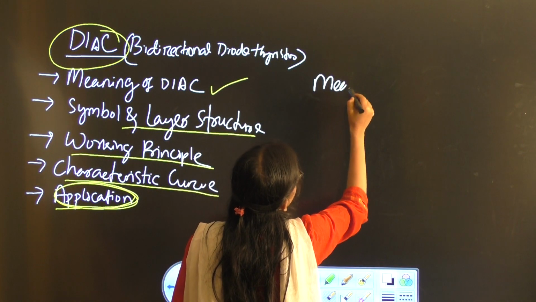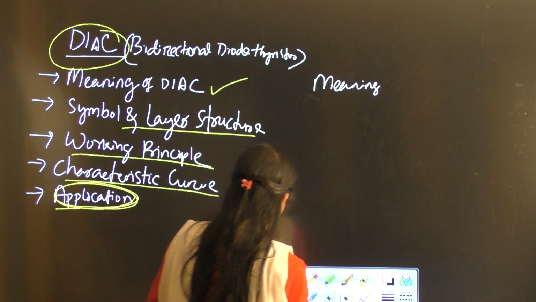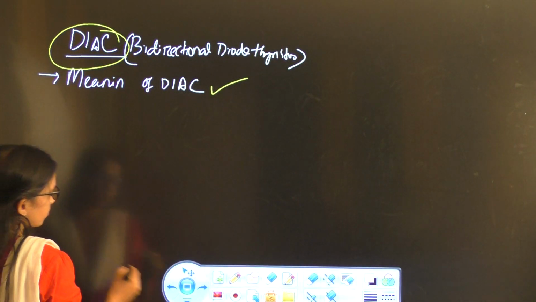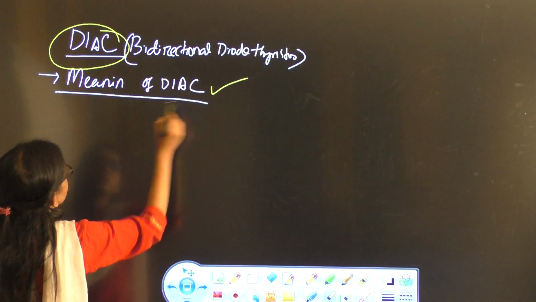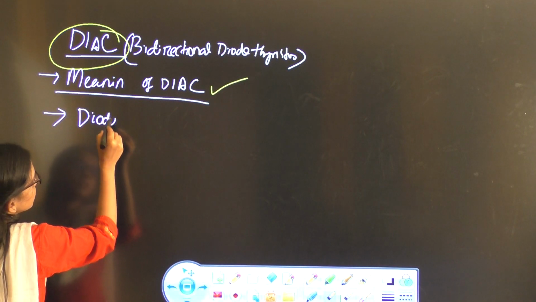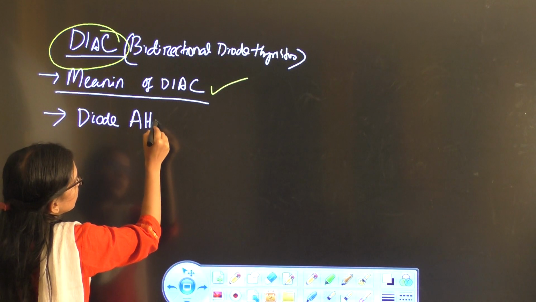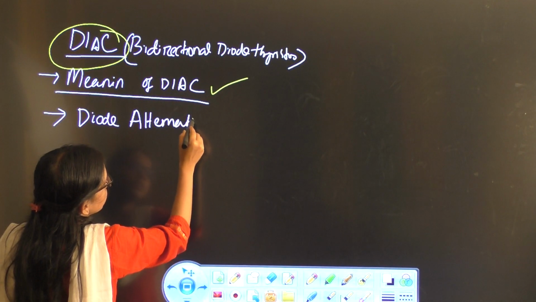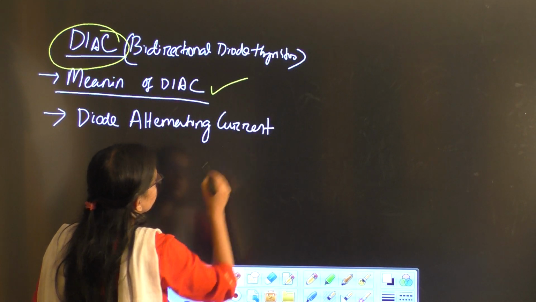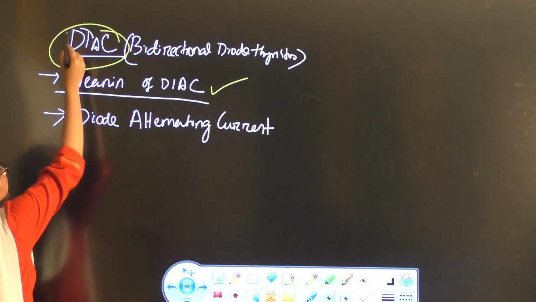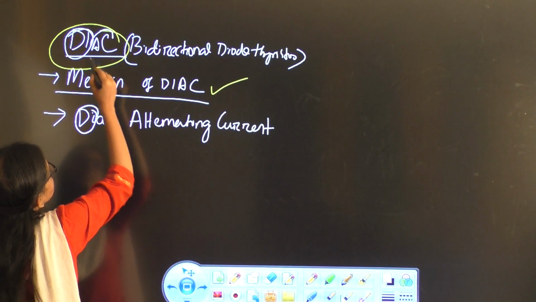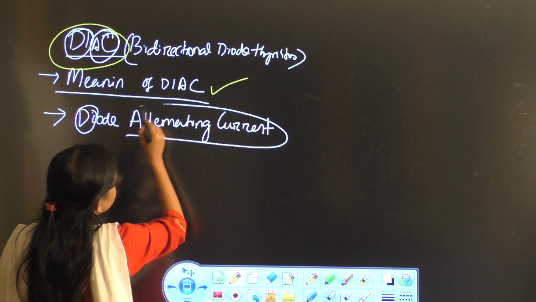the meaning of DIAC. So DIAC means diode alternating current. So this DI comes from diode and AC comes from alternating current.